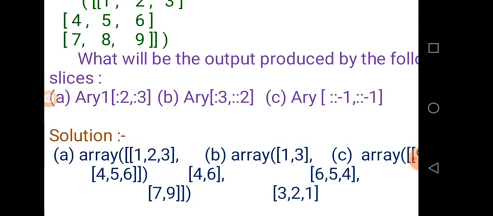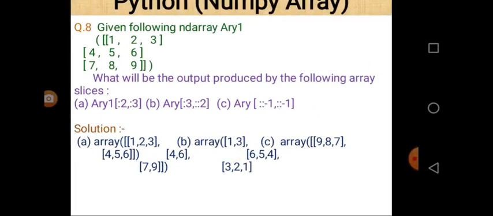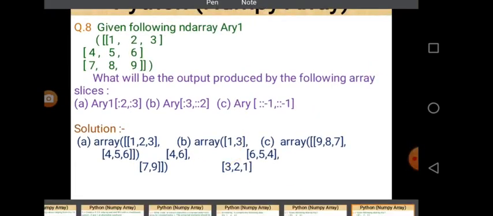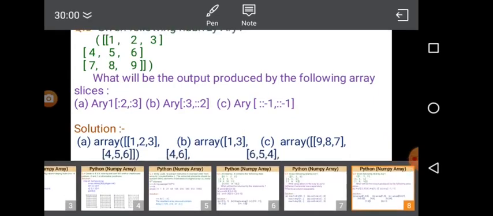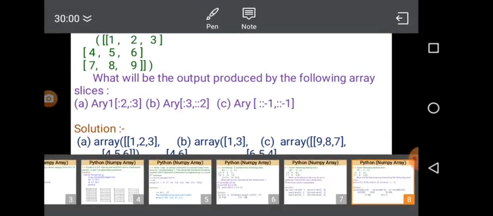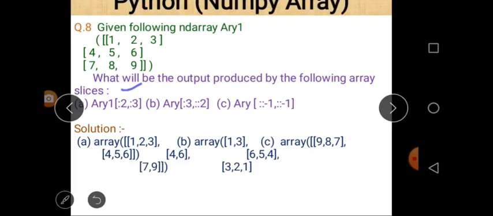In this case, colon 2 comma colon 3, it means all rows will be selected, and colon 2 means only 2 rows will be selected, 0 and 1, the row at index position 0 and the row at index position 1.